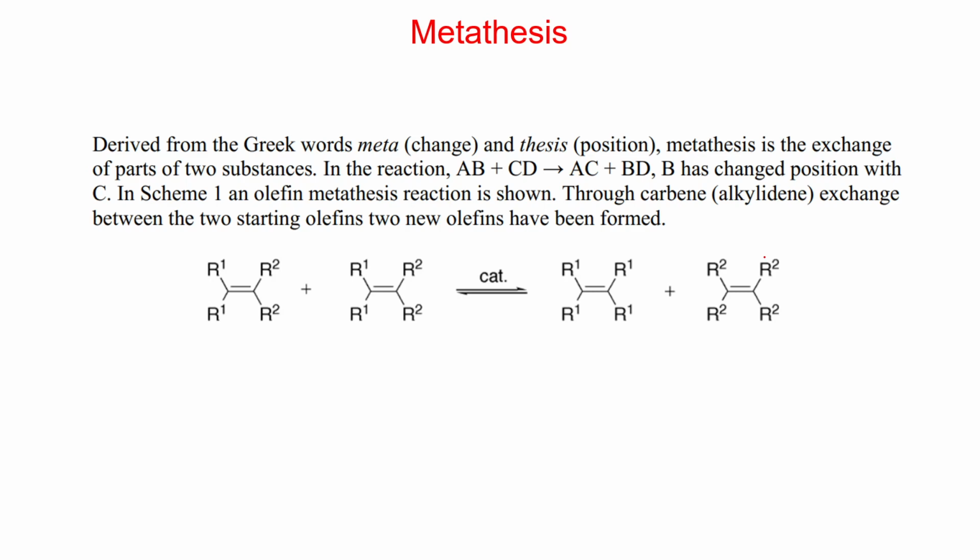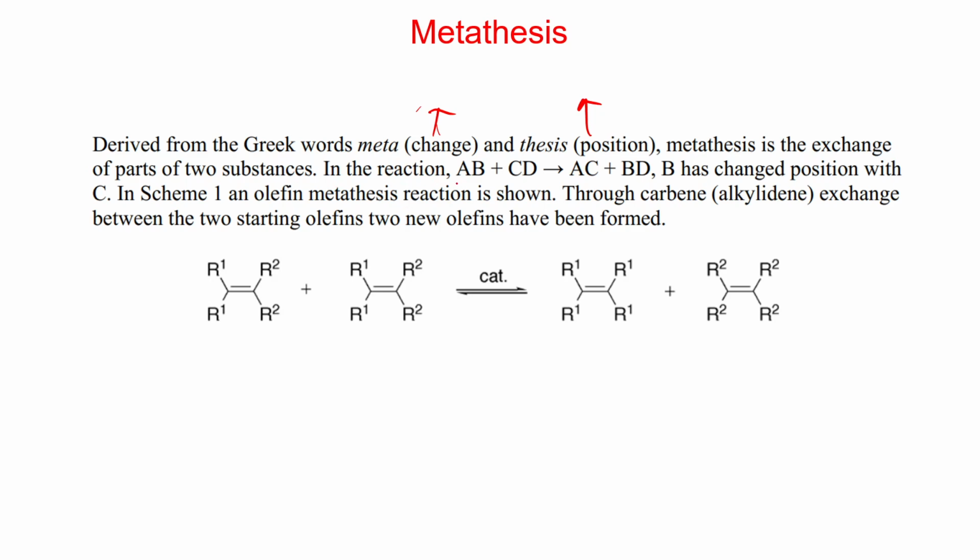So if we see how the name metathesis came: from the Greek word meta, it means change, and thesis means position, so changing position. This particular name is given for this particular phenomenon or mechanism. It is actually an exchange of two parts of two substrates.